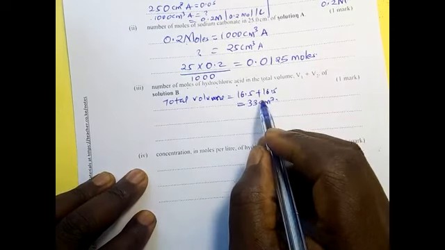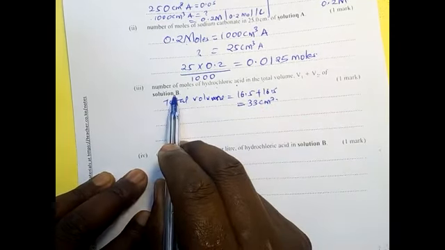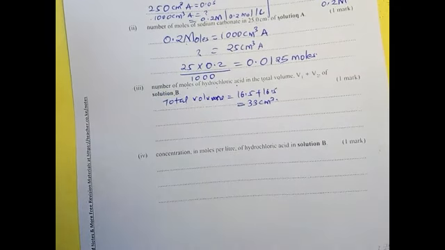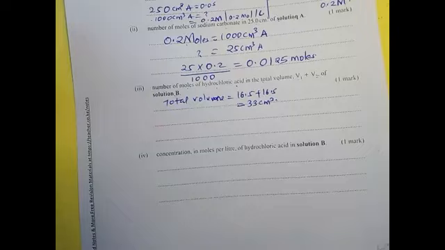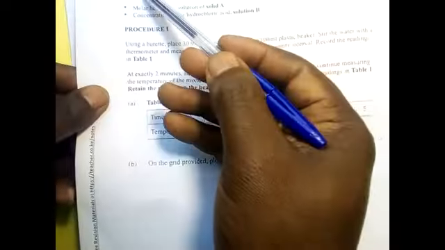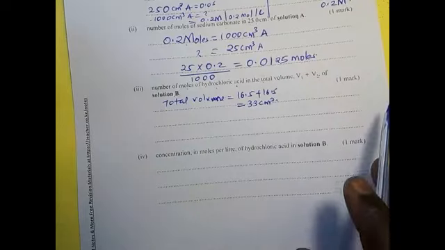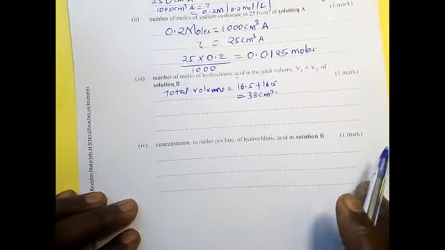That's our total volume of solution B. But we don't know the number of moles of solution B. There is not much information we have for solution B. The only thing we know is that you are provided with solution B, hydrochloric acid.